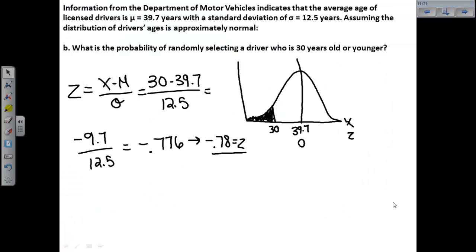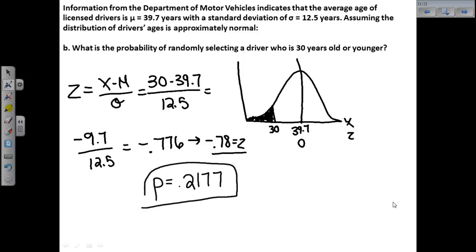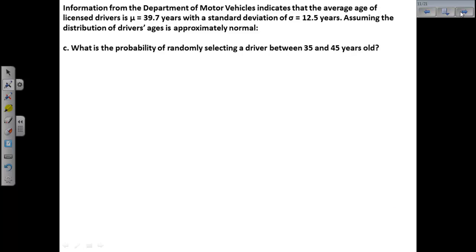So P equals 0.2177. That's the proportion in the tail. So the probability of randomly selecting a driver who's 30 years old or younger, 0.2177.